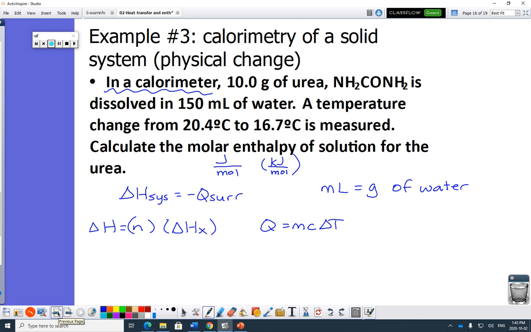Whatever it says in the question, that's the system. When you're doing the delta T, that's for the surroundings, because Q is for the surroundings, which is water. Or you just remember, surroundings is always water, system is whatever you're putting in it. Okay, so there are a bunch of ways to think about that.